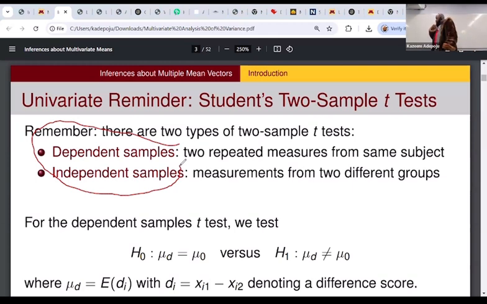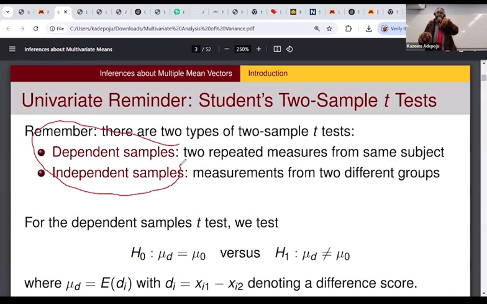I want to remind you that when we have two groups, at times we may be working with dependent samples, and we may also be working with independent samples. When you are working with dependent samples, we normally talk about a paired t-test, a situation where a subject was visited on more than one occasion, specifically two occasions. And for independent samples, I have two different groups, and I'm comparing them.